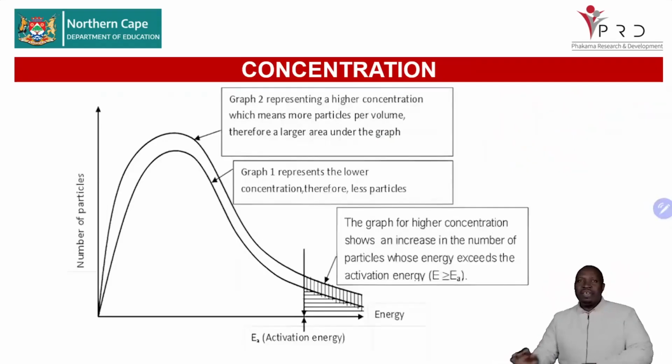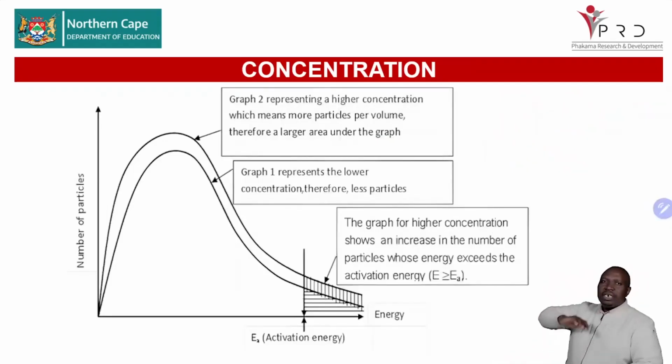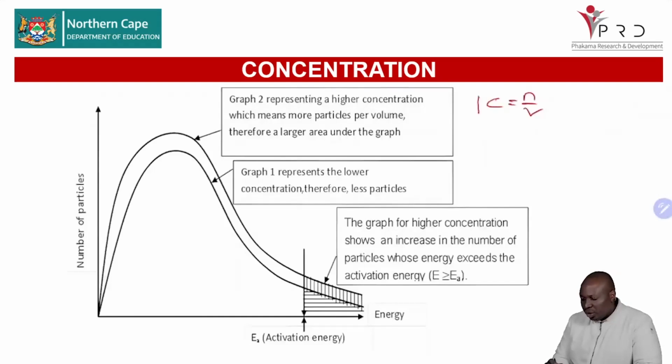Now, if we look at the graph of concentration, it is on top of the original graph, because concentration is N over V. So when we increase concentration, we're increasing the number of particles per unit volume. So that is the first bullet.